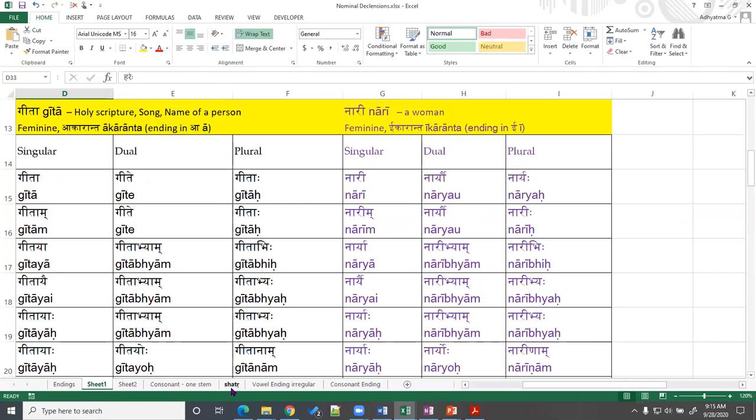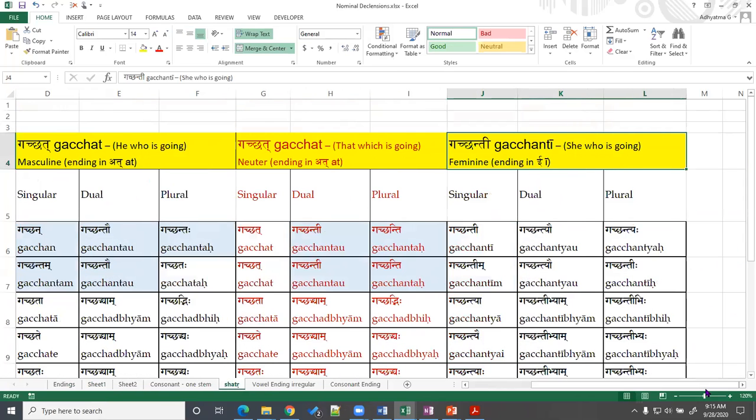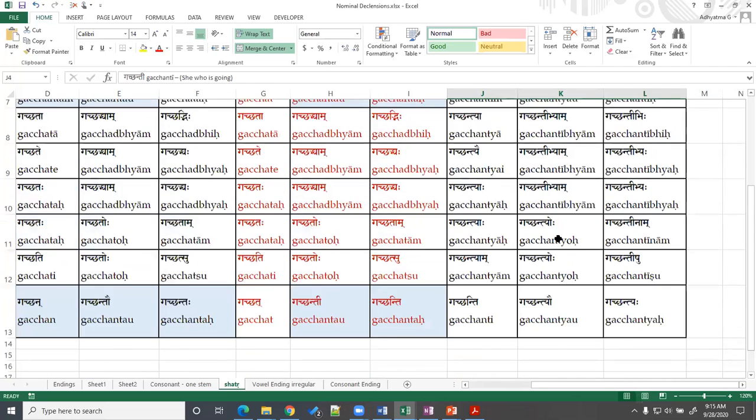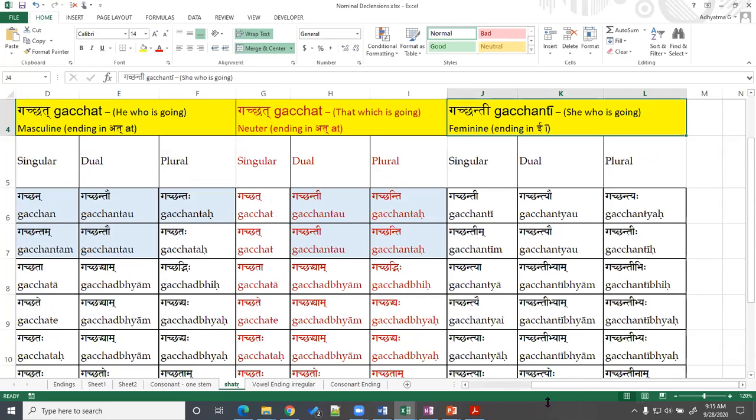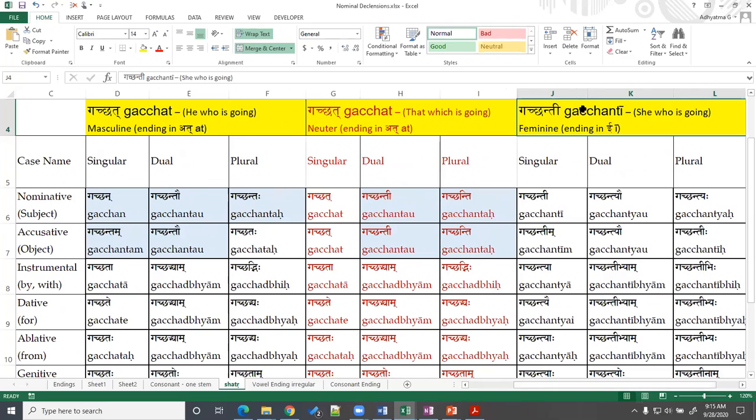There will be no difference, no two stems or anything. So gachanti would be declined exactly the same as nari or others like nadi. So we have already studied those. So gachanti becomes straightforward. So it's only in gachat plural, masculine and neuter, that you have to remember these first 5 words are different. And here in the neuter, these 4.